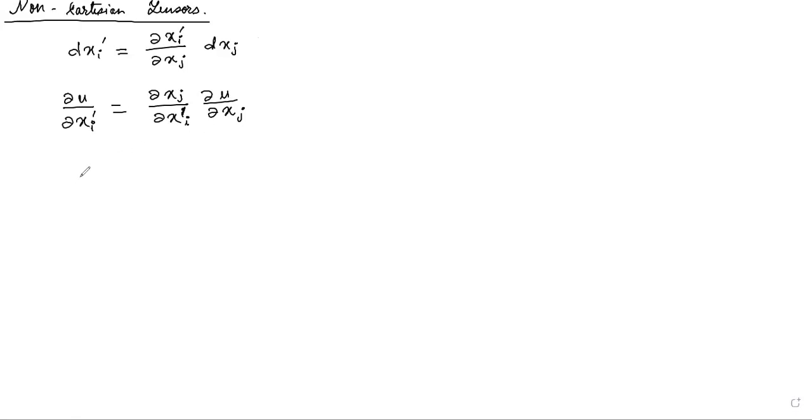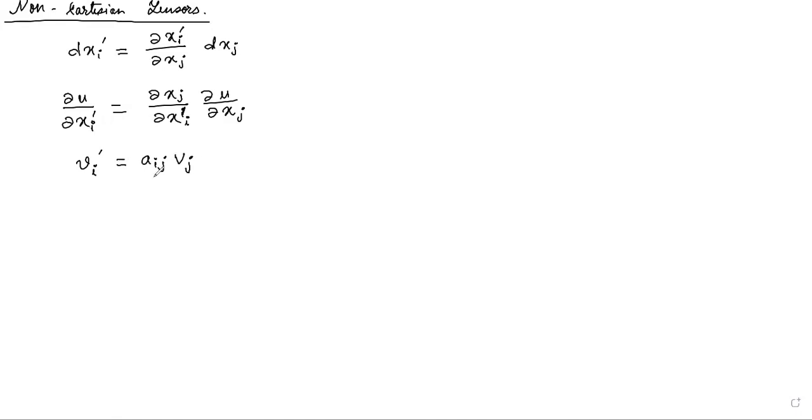That is, suppose I have a Cartesian vector v, then the components of this Cartesian vector vi transform under a coordinate transformation according to this rule: vi prime equals aij vj. This is the transformation equation for a Cartesian vector.